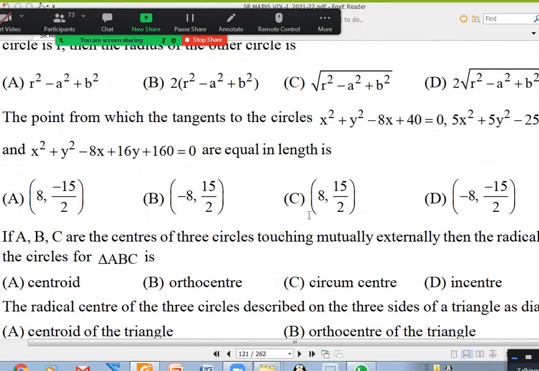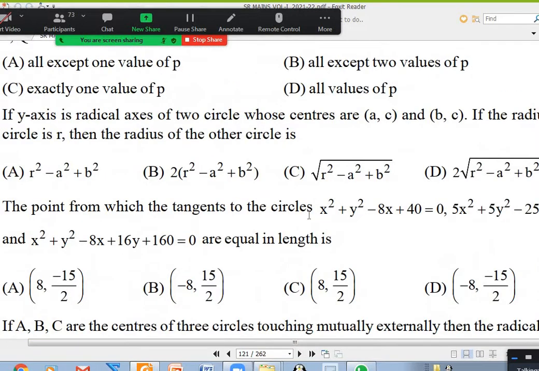I don't need to discuss. Okay, 153 or 152? Anybody any doubt? Sir, 153. Is he not indirectly asking radical center?